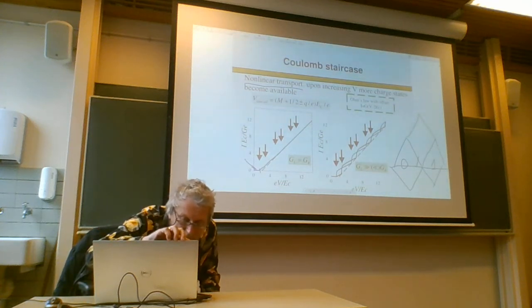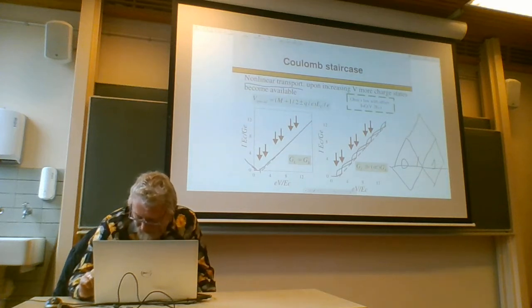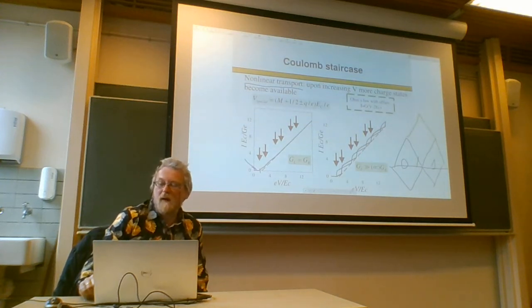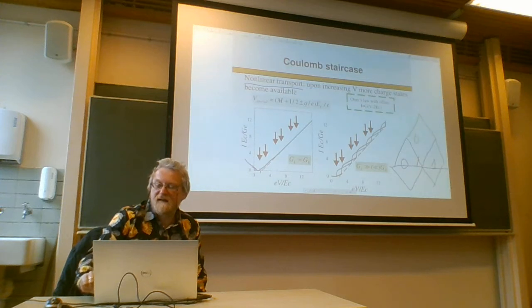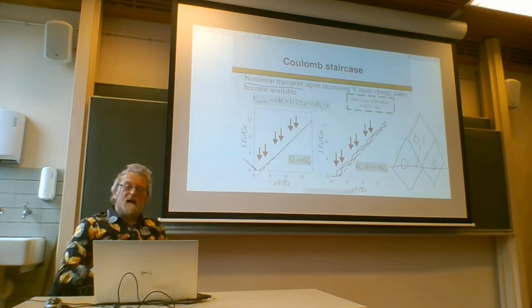Sorry, wrong color. And here in this domain, possible electron states are 0 and 1. No other electron transfers are allowed.